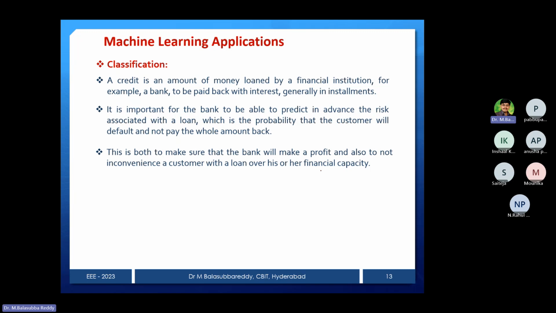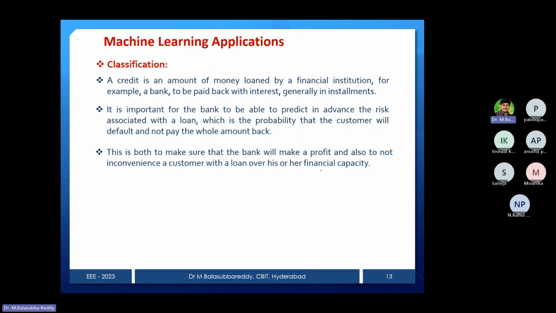That is what we know: the bank will make a profit and also not inconvenience the customer, because even if the customer is asking for more money, he may not be capable of repaying the EMI. That's why a lot of banks consider that only a certain percentage of your salary can become the EMI, and it should not be more than some value.